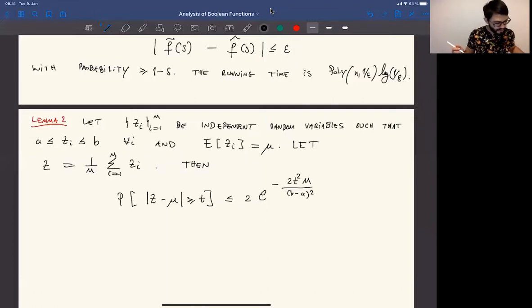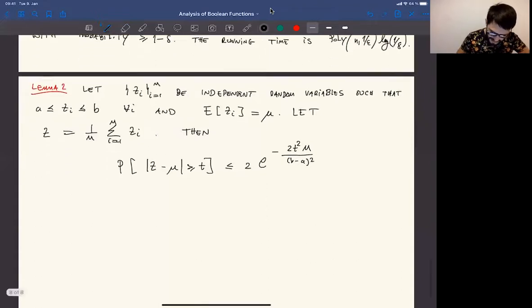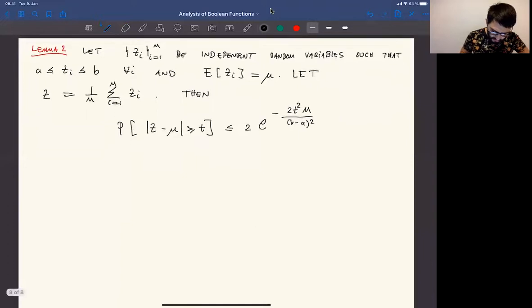I don't know how to pronounce this name. I won't say who was actually the author of this thing. It's one of these variants, but you can see it as a Chernoff type bound. Okay, so let me prove that.